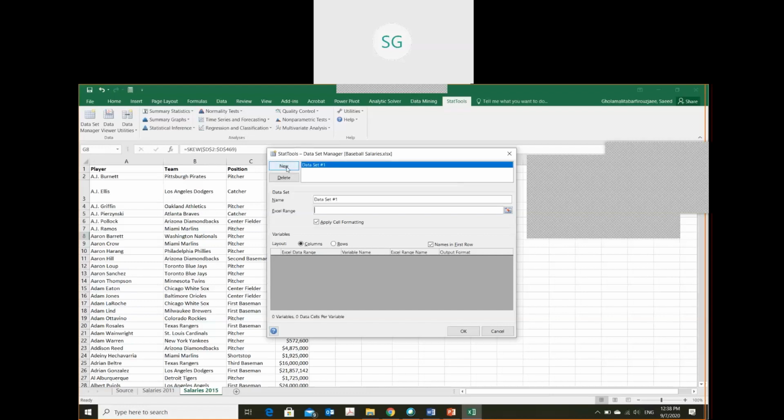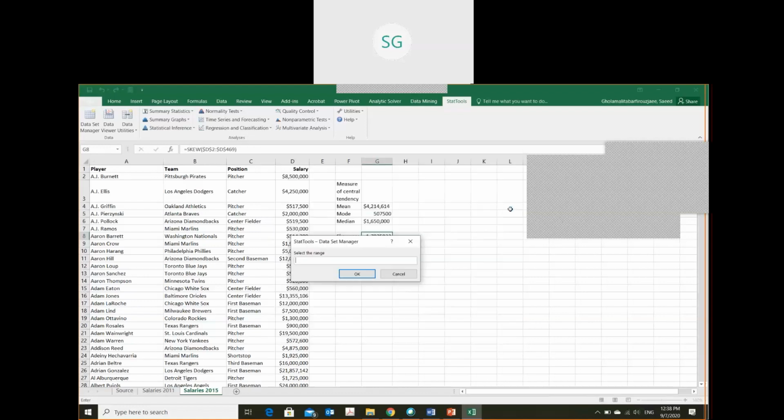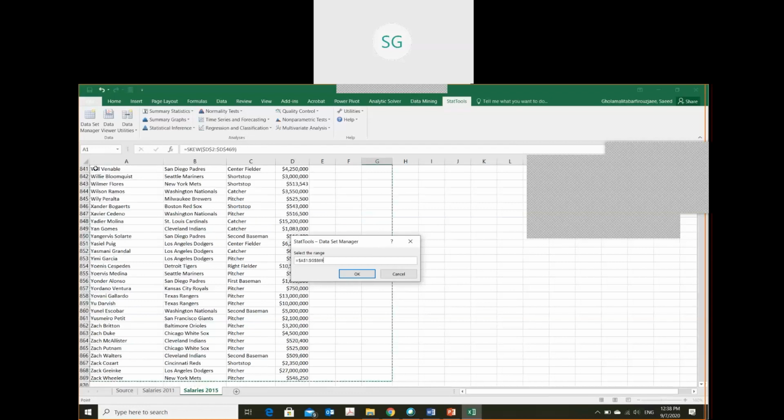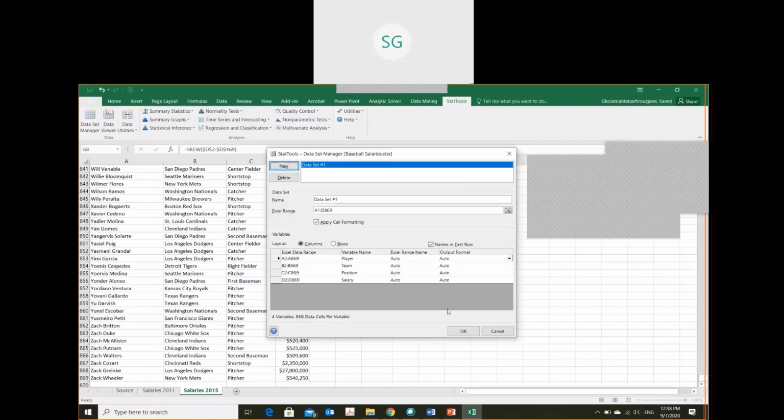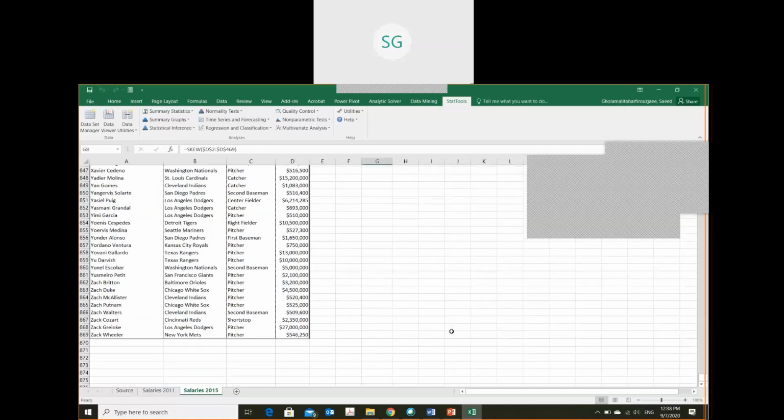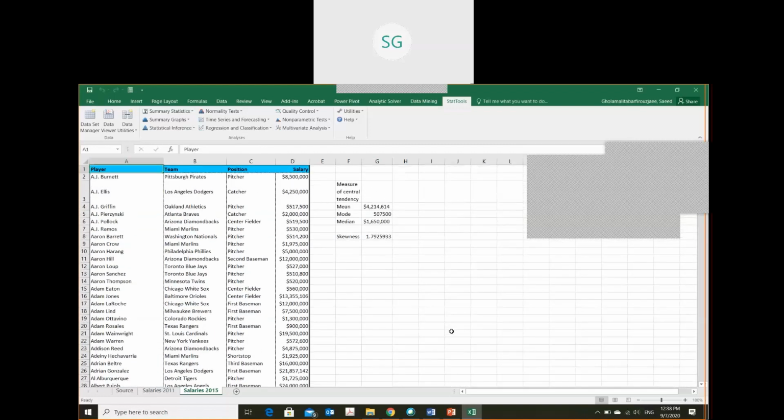New data range. Control Shift Enter. Here's our data range. And now StatTools can identify this information and variables.